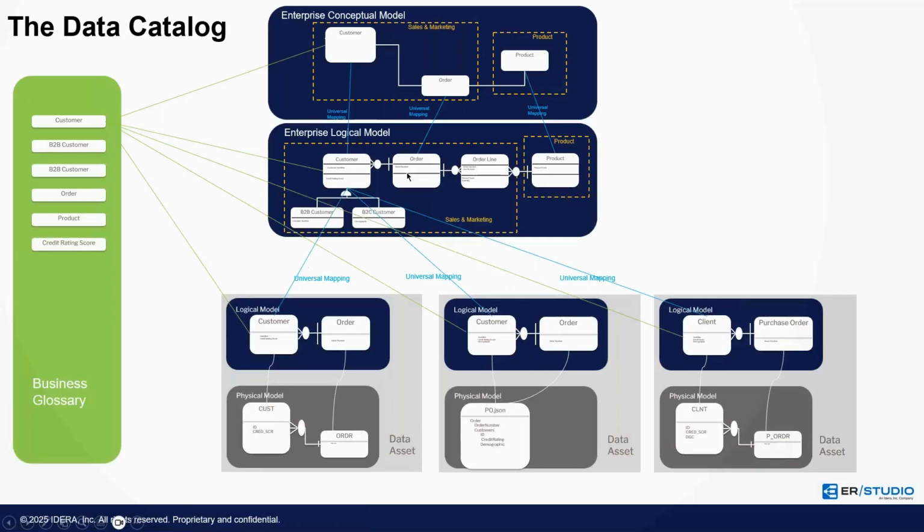Now, it may well be that in terms of individual projects or individual applications, we actually use parts of that but extend it further. That's all fine. But what you'll see with EOS Studio is using capabilities like universal mapping, we can actually maintain and understand the lineage here. So I can understand immediately if I'm looking at my enterprise logical model and I'm looking at my customer definition, we've also got customer definitions down at this shopping cart data model.